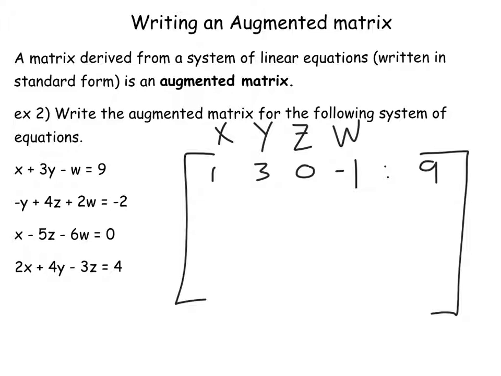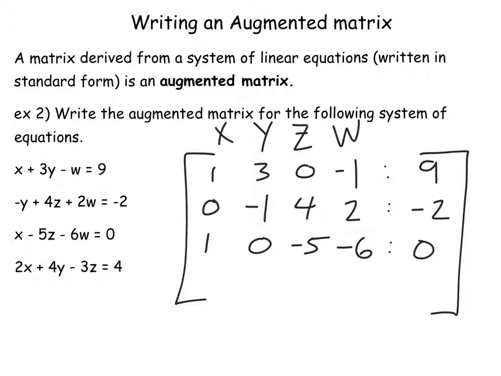If you kind of get the idea, it's not a bad spot to pause and see if you could fill out the rest of this augmented matrix. Row 2, which is now the second equation, would be 0, -1, 4, 2, and -2. The third one would be 1, 0, -5, -6, and 0.